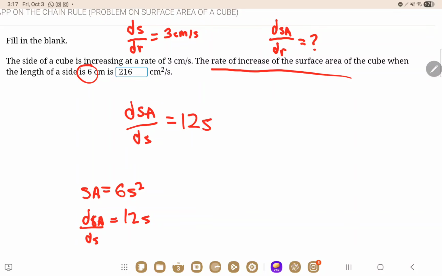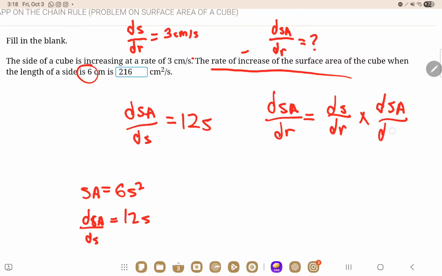So dSA, you usually always start with the one that has the rate of the volume or the surface area first, always. It's easier to work with. You're gonna see how in a later question near the end. dSA over dt equals d of s over dt times d of SA over d of s.